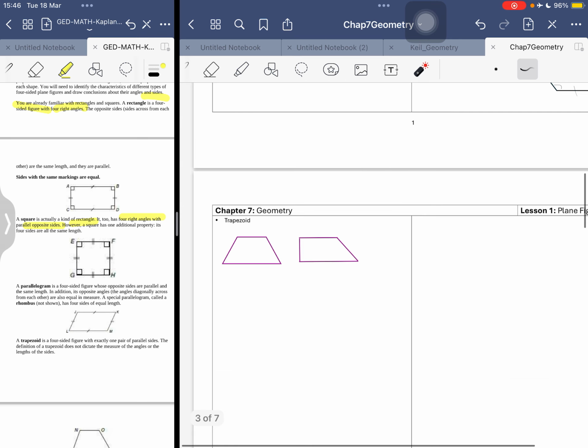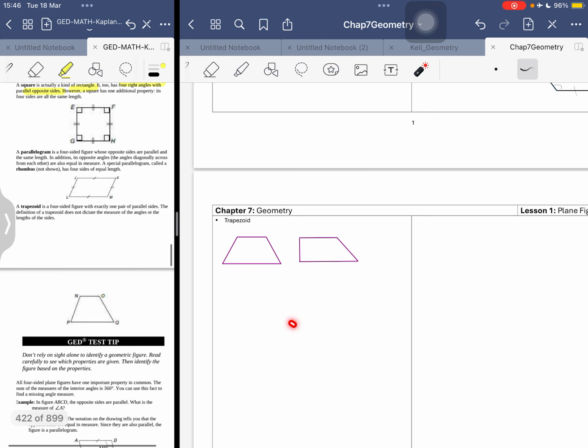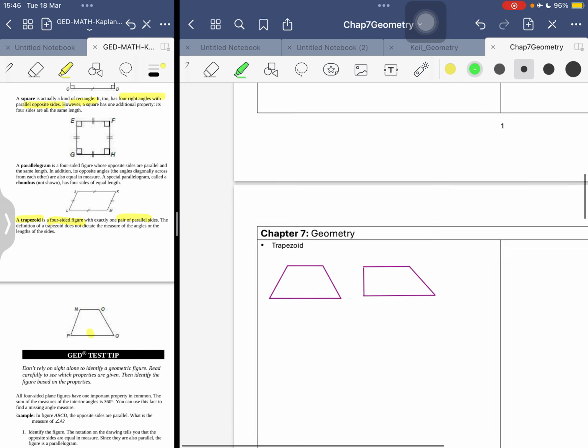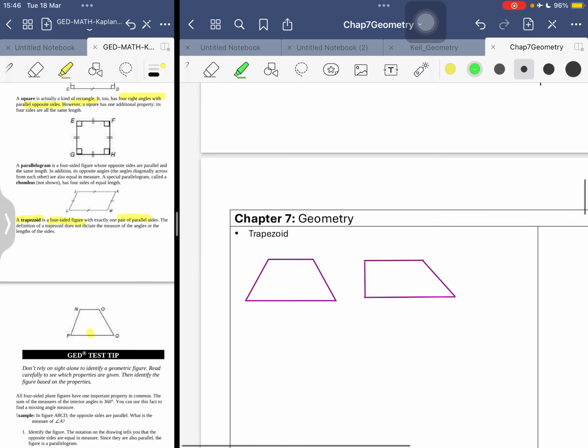And then next, trapezoid. In your book, it says a trapezoid is a four-sided figure with one pair of parallel sides. Okay, one pair of parallel sides.